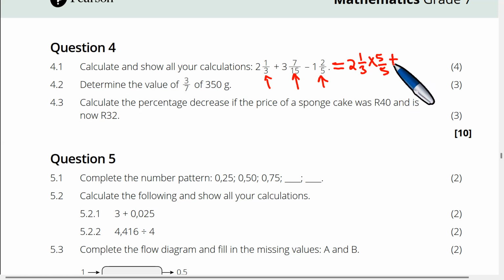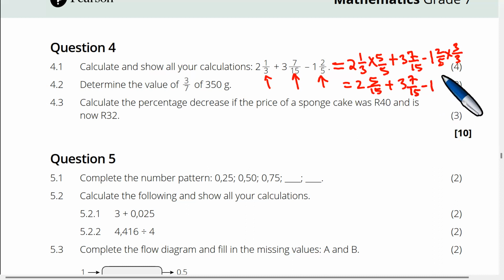And then plus 3, you have 7 out of 15, you keep this one. Minus 1, 2 out of 5. And you have 3 out of 5. Because 3 by 5 is exactly 15. So 5 by 1 is 5 out of 15 plus 3, 7 out of 15 minus 1. 2 by 3 is 6 out of 15.